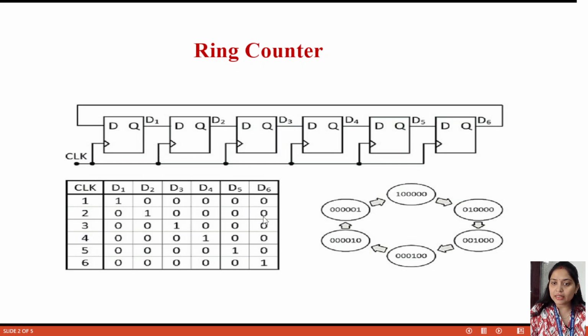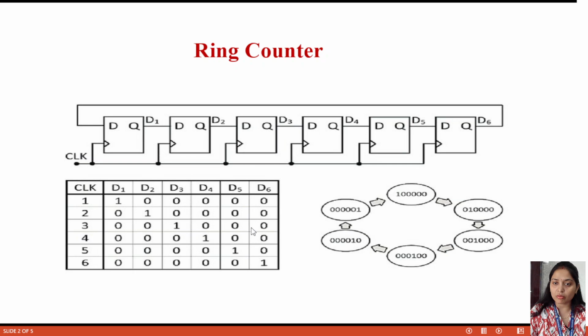Then after that again 0 will come here. This 0 shifts here, and this 1 shifts into bit D3, and the previous D3 bit, which was 0, is now D4. In this way it shifts. Again in the fourth clock pulse, what will happen?